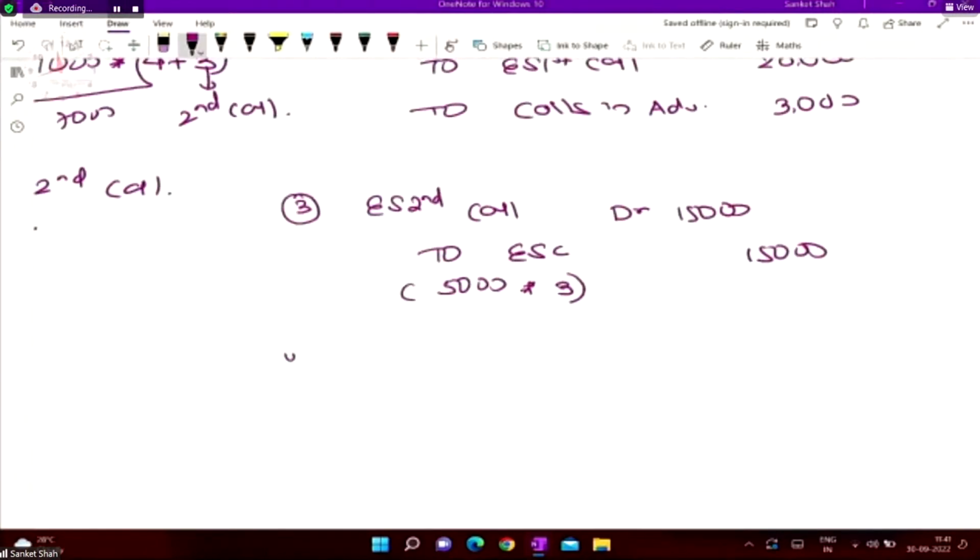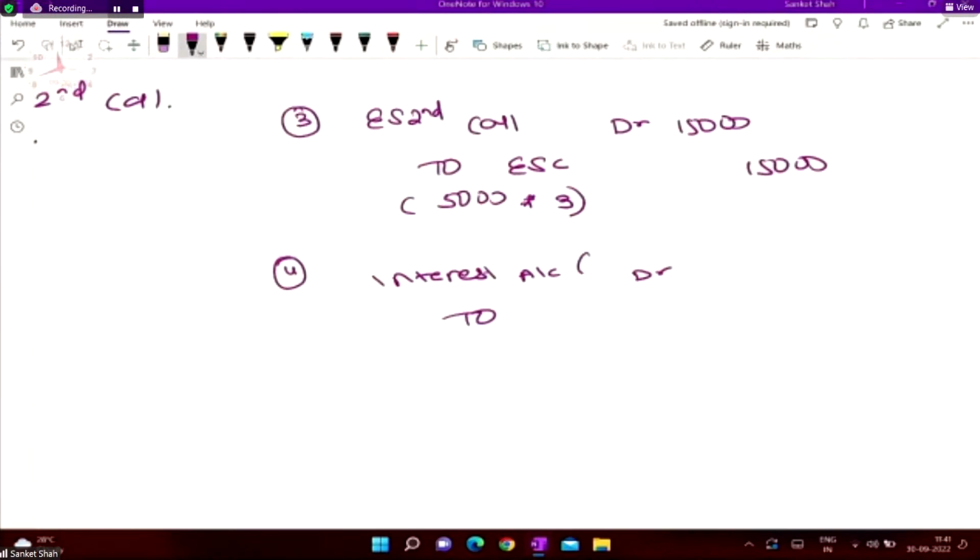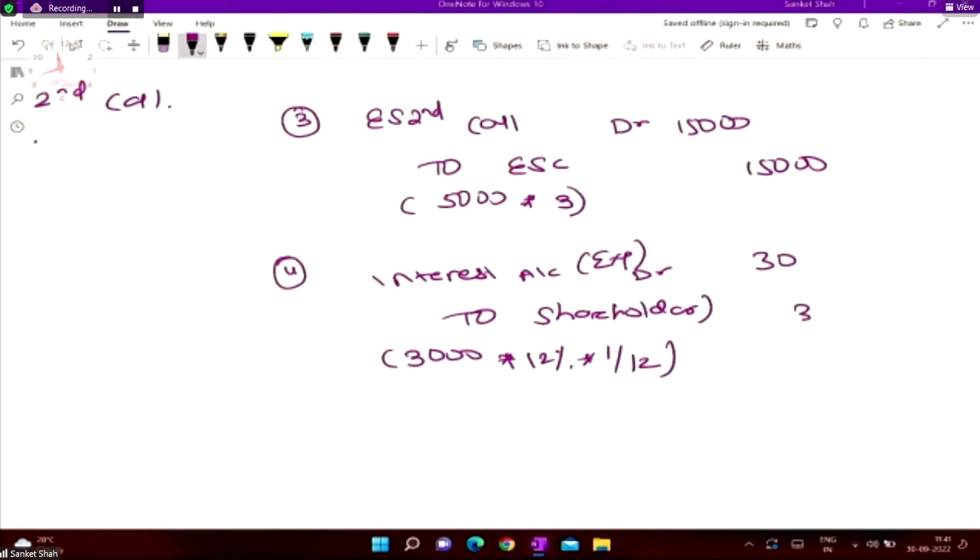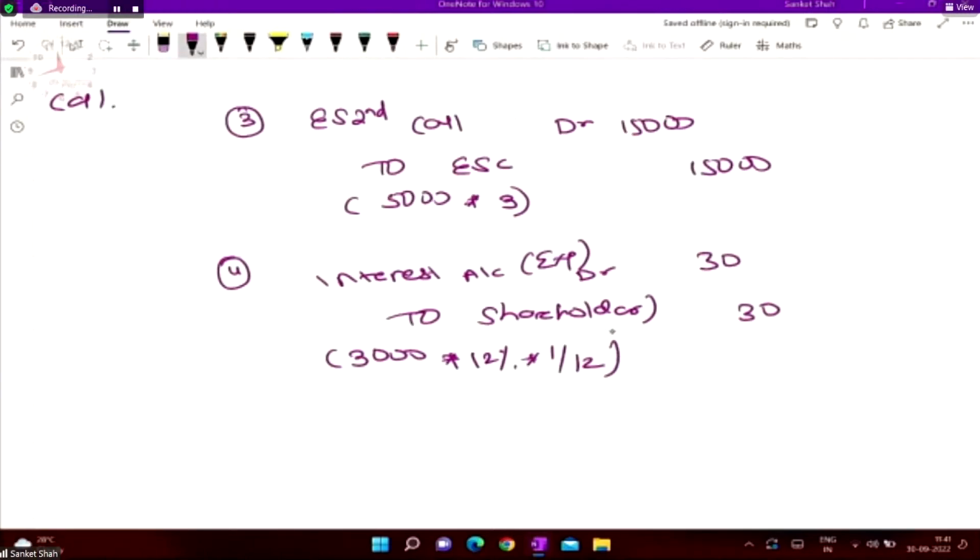But wait, interest account debit, this is expenses, to shareholder, 3,000 into 12% into 1 by 12, 30 rupees. Shareholder is your creditor.